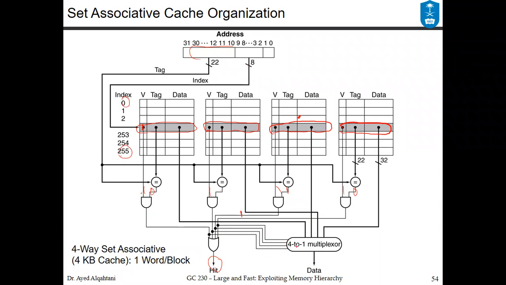You know, if you have a 4-to-1 multiplexer, you need 2 selector lines. However, there is another way to do this using one-hot encoding, and we have it here. Notice that we have 0, 0, 1, and 0. So you give this code as selectors to the 4-to-1 multiplexer, and this will supply this entry or these data. So you get the data from here, and you get it in the data line outside the cache.